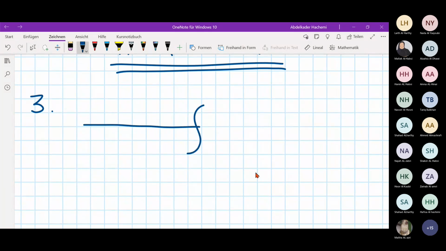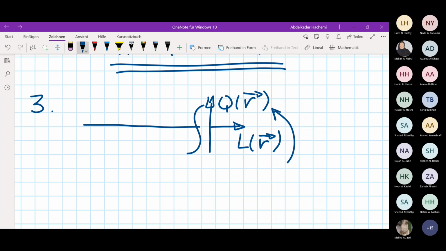Internal forces: when we make the cut, we have here the normal force, I call it L as function of R. We have the tangential one, QR, and we have the moment MR. These are the three, yeah, in 2D, there is always the normal internal force, the tangential one QR, and the moment MR.